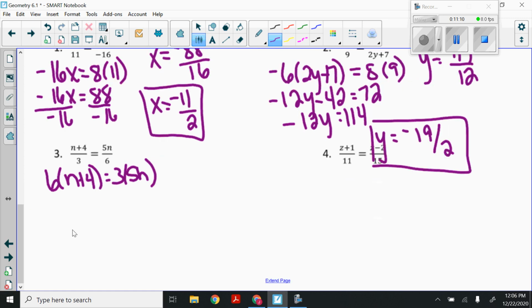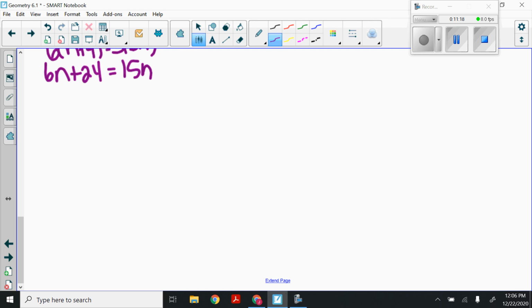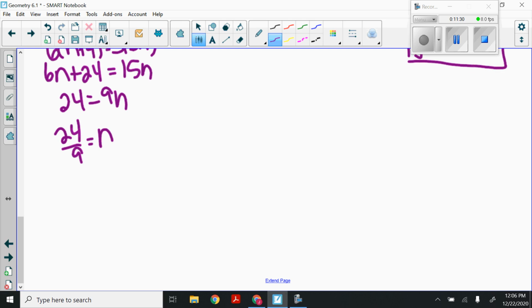So distribute our 6, and we get 6n plus 24 equals 15n. We want to get all of our n's on the same side. So if I move my 6n over, I get 24 equals 9n. And divide, so 24 over 9 equals n. They both have a 3 in common, so this will reduce to n equals 8/3.